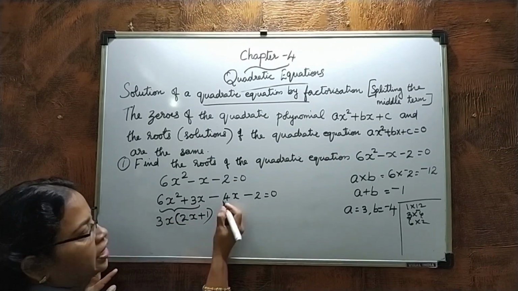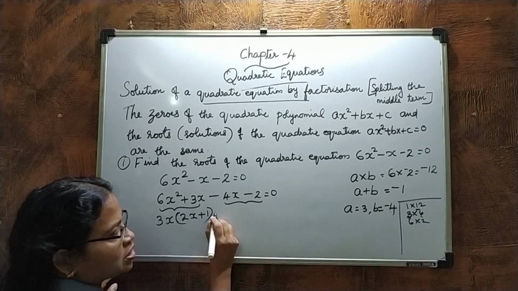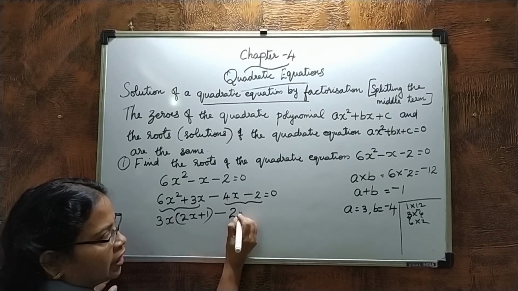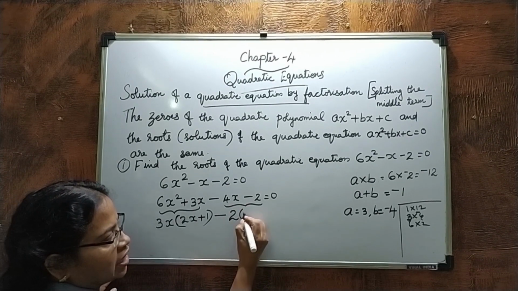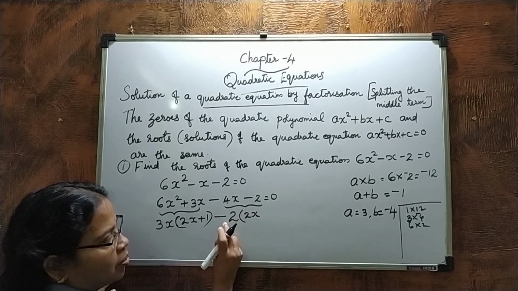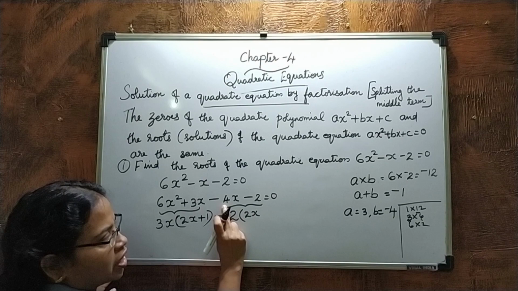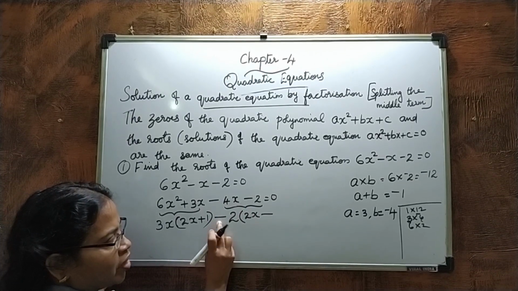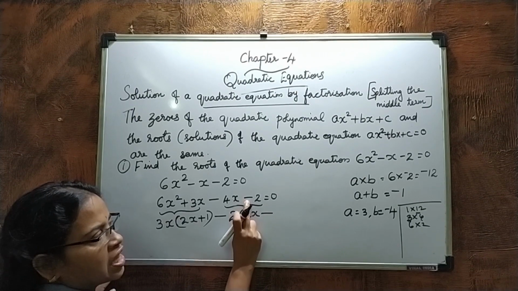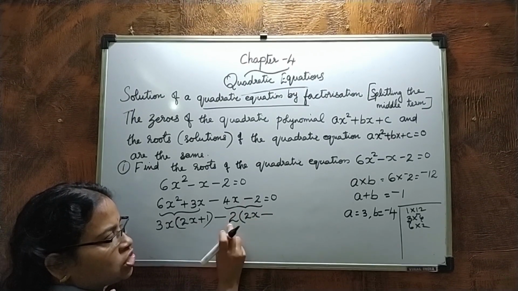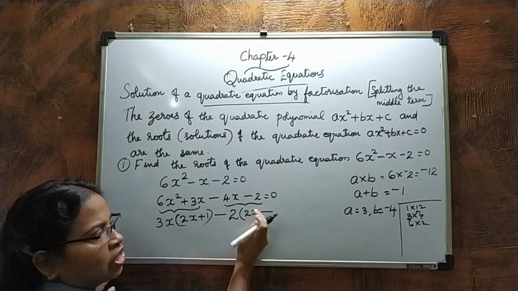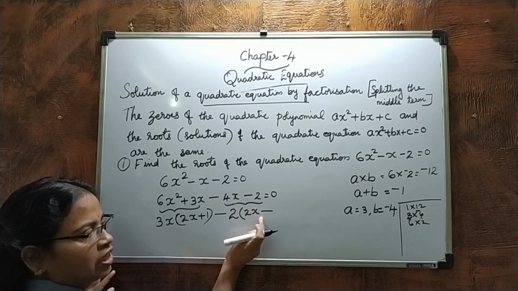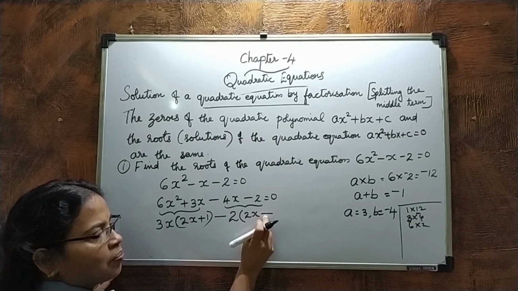Then for the next two terms, minus is taken outside and 2 is common. Here, when you multiply, you must get negative 2 and plus 2 is what you get, so what should you do?